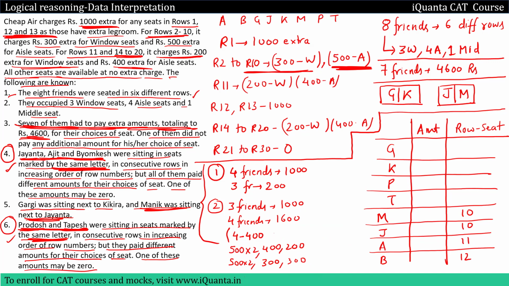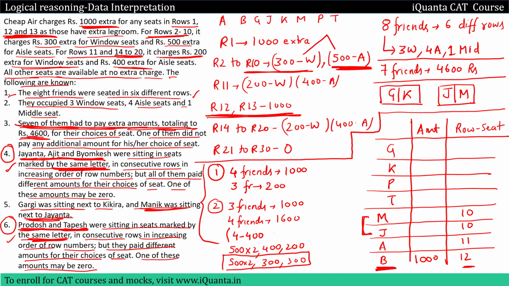Now if we look at this table, we know that this B, he's sitting in row number 12. Definitely the extra amount he'll pay will be 1000 rupees, because we have been clearly given person sitting in row 12, 13, he'll have to pay 1000 extra. Now here we can see that M and J, they are sitting in row 10. What are the possible fares for row 10? Only 300 and 500.